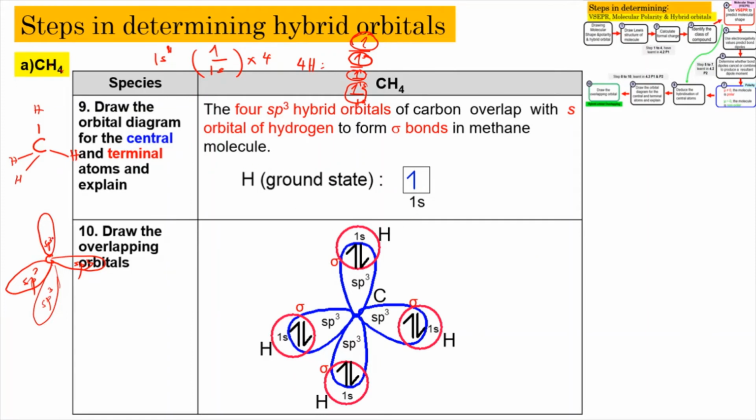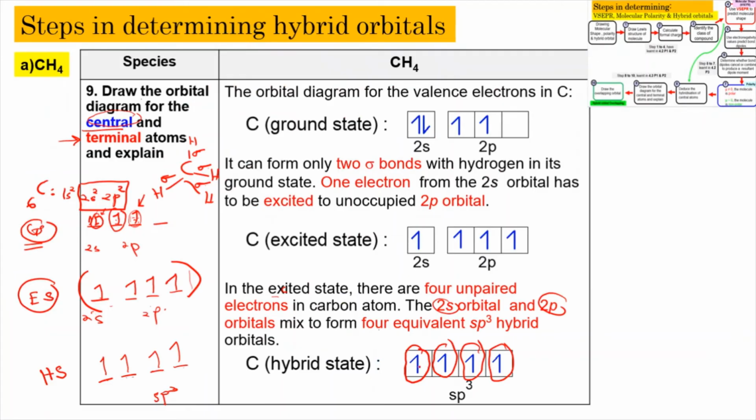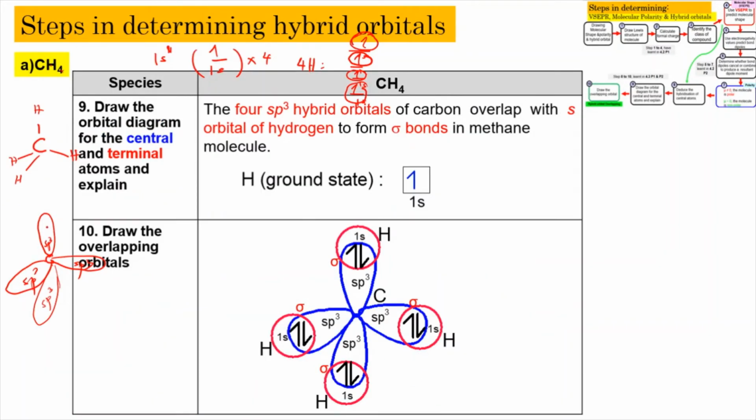And as you can see here from the drawing of the carbon sp3, sp3, sp3, sp3, each sp3, as you have looked here, we have 1, 2, 3, 4, right? So each orbital has 1 electron. So you can draw 1 electron here, 1 electron here, 1 electron here, and then 1 electron here. Okay, and it is overlapping with the 1s orbital of the hydrogen, which is spherical in shape.